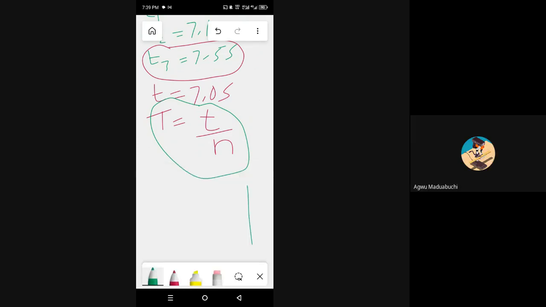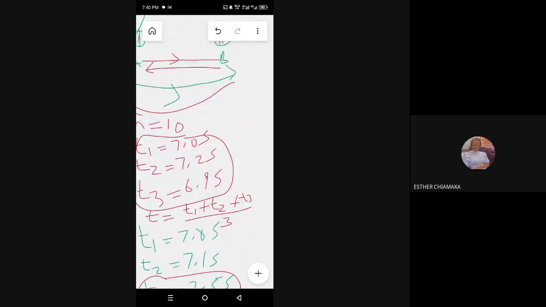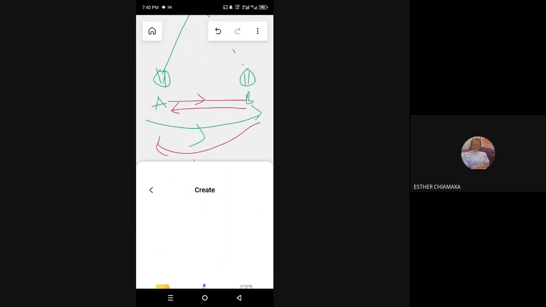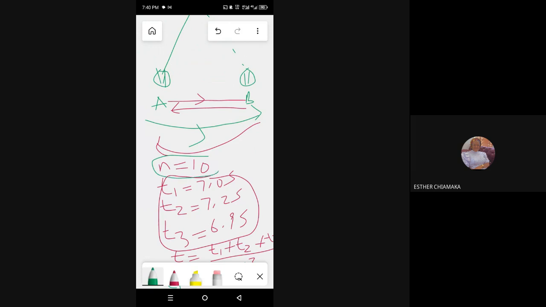No, sir. So for this oscillation, what's the period? 7.0 over 10. So that will give us what? Over 3, sir. How many oscillations did we have? 3 is for average. N is for number of oscillations. Did you see the N here? Okay, sir. So 3 is for average.